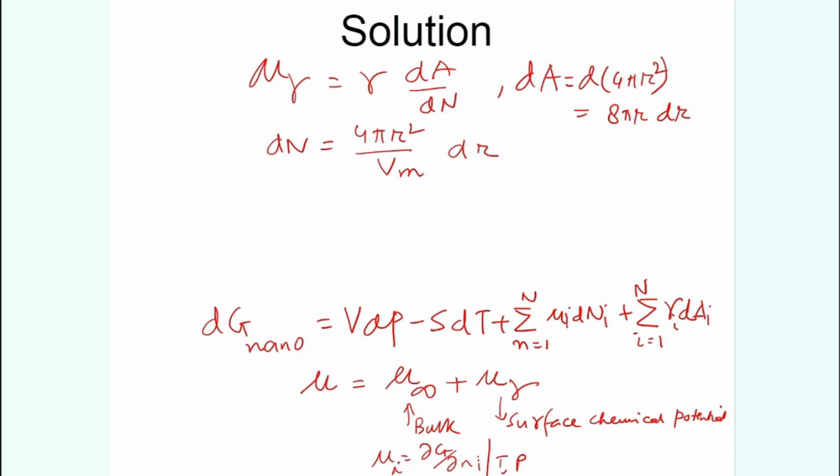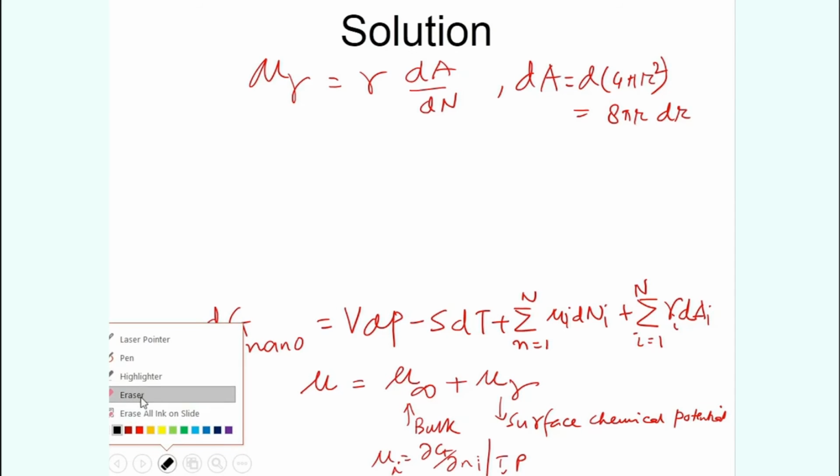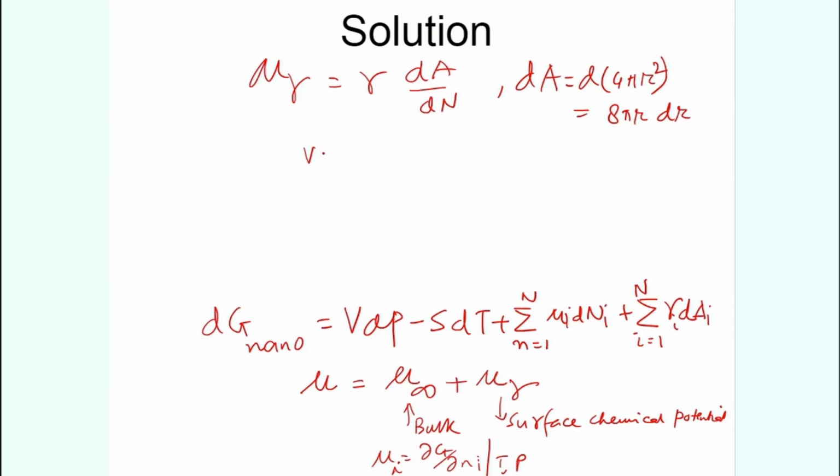Well, what is N? Let us erase this equation. You must be confused. What is N? Let us not write N. V is equal to 4/3 pi r cube, the volume of one atom, multiplied by the number of atoms. That is the total volume, correct.